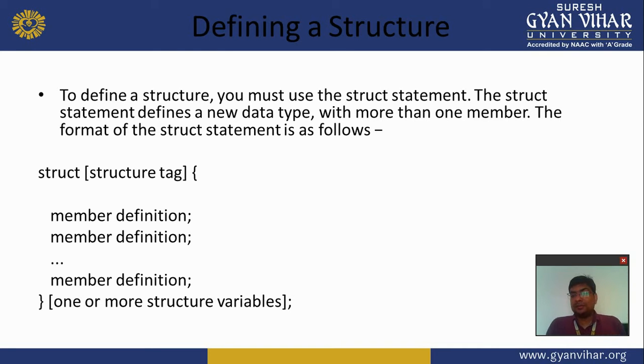Same here, for one row we create one structure variable. It is not compulsory to create the structure variable here. There are many methods to create the structure variable, but slowly we will discuss all methods.